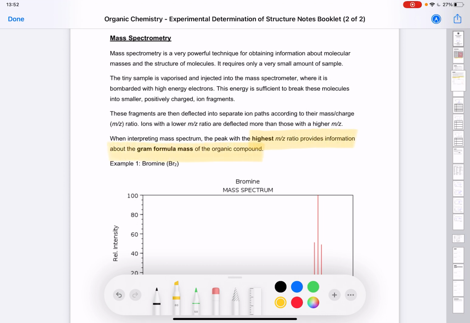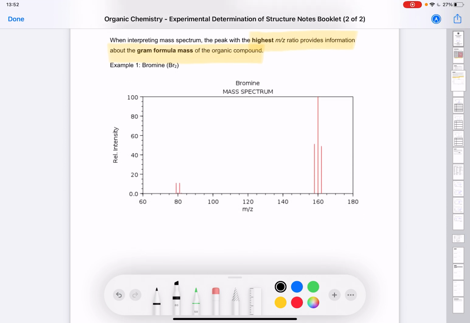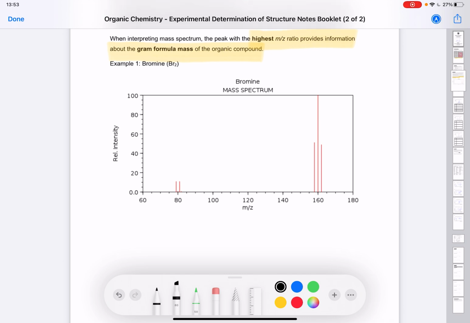So what we're going to do is start fairly simple with our mass spec, and then we'll look at some other substances. The example that we are beginning with is bromine. Now, the mass spectrum for bromine is shown in the graph. What we can see is that we have 5 peaks for bromine.